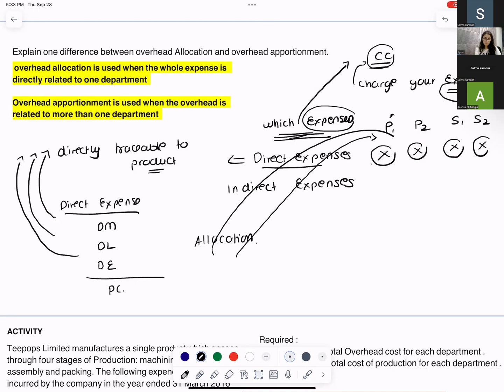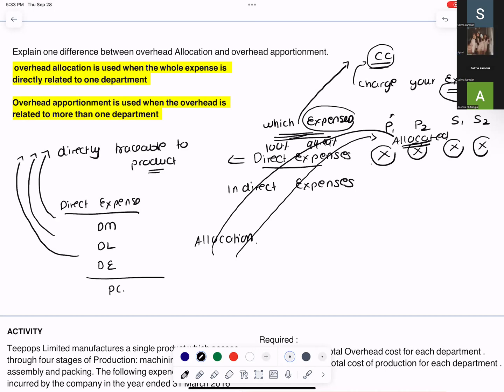You will pick up the expense and put it to the department. It is called allocation. Are you with me? Always, direct expenses, or you could say 99.99%, these expenses are always allocated. Why do I say they are allocated?